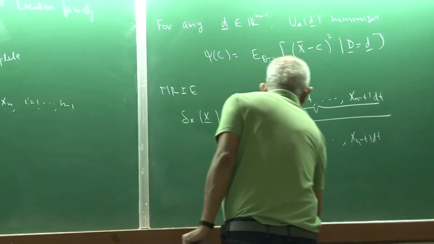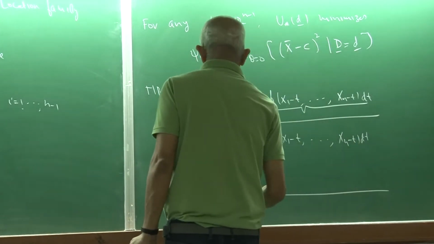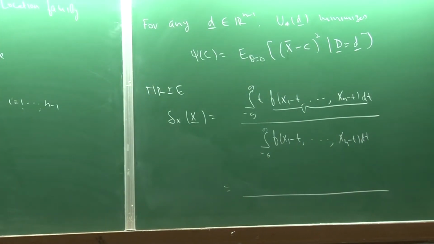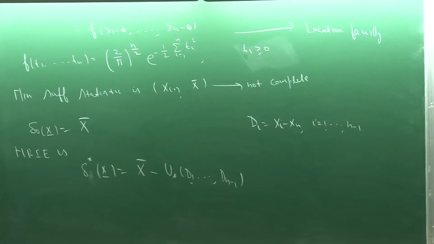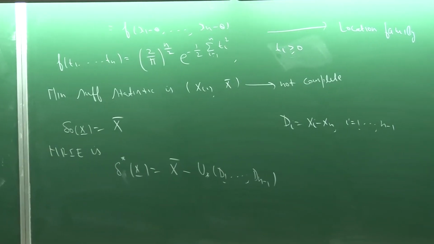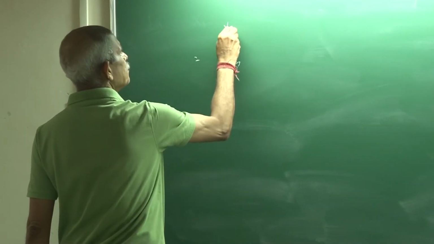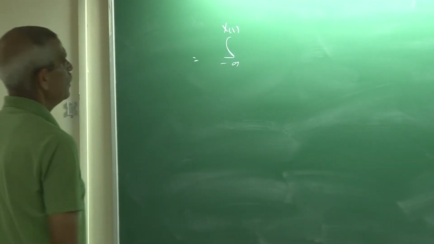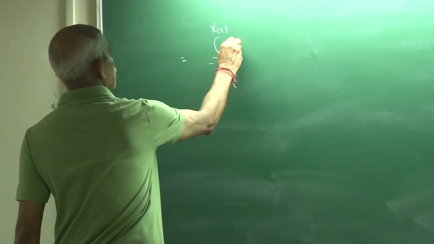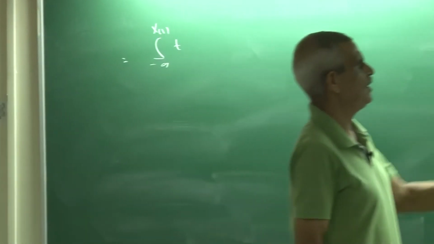So with this, I can write this down, let me use the other side of the board. This is same as the integral from minus infinity to x1 of t times f of x1 minus t and so on.